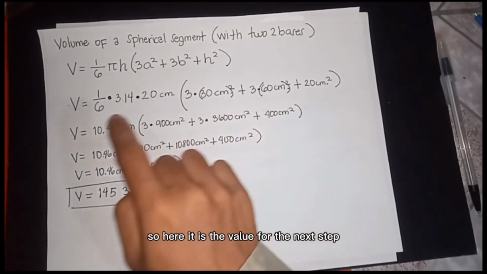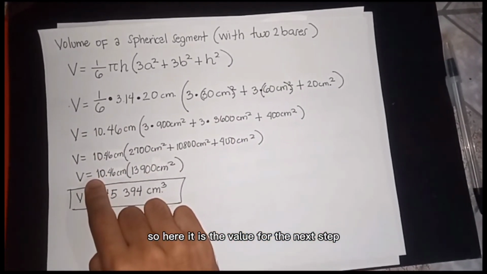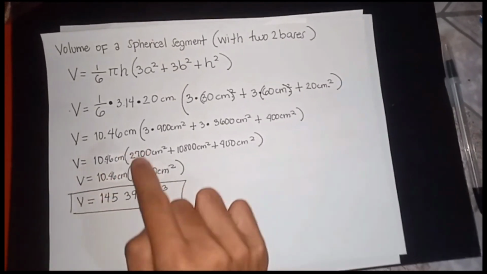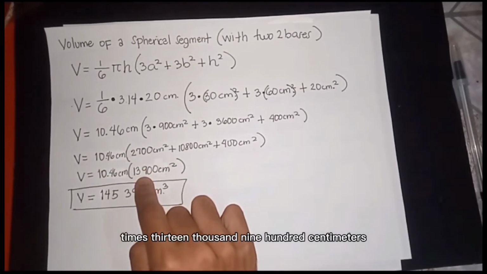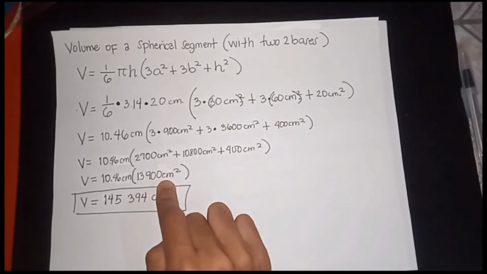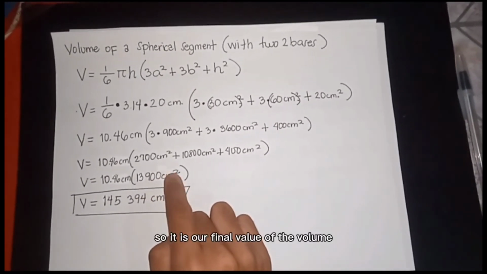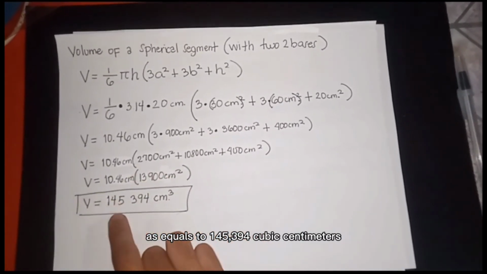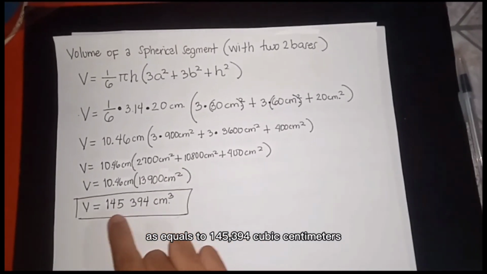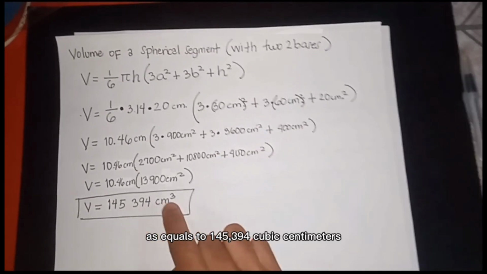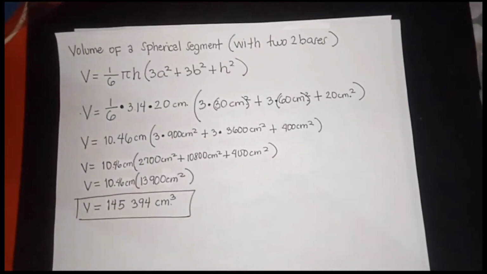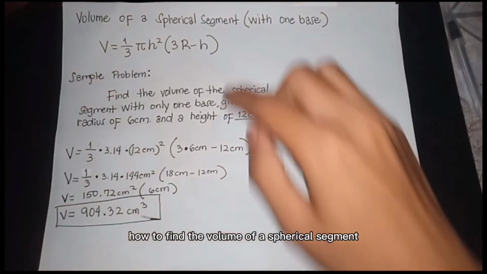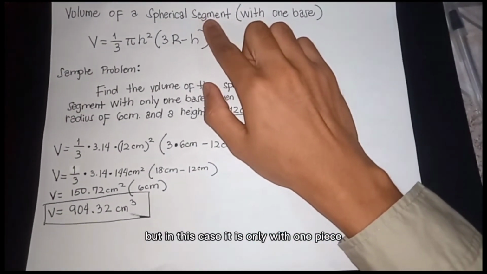So here is the value for the next step. Volume is equal to 10.46 times 13,900 centimeters. So here is our final value of the volume, equal to 145,394 cubic centimeters.